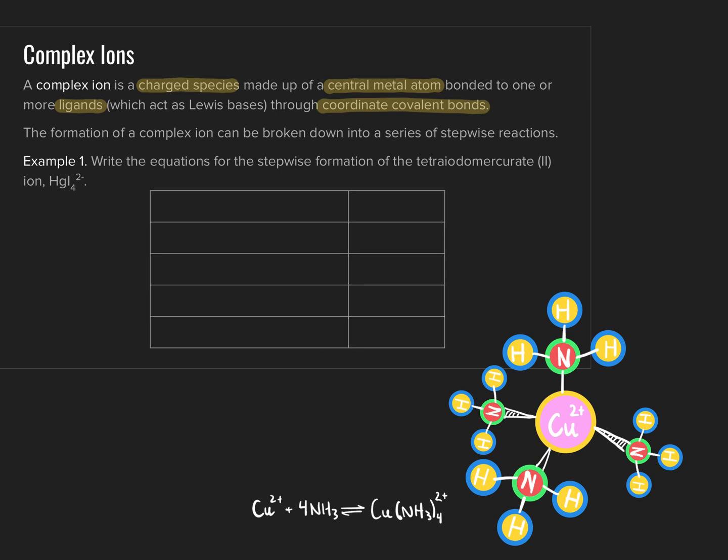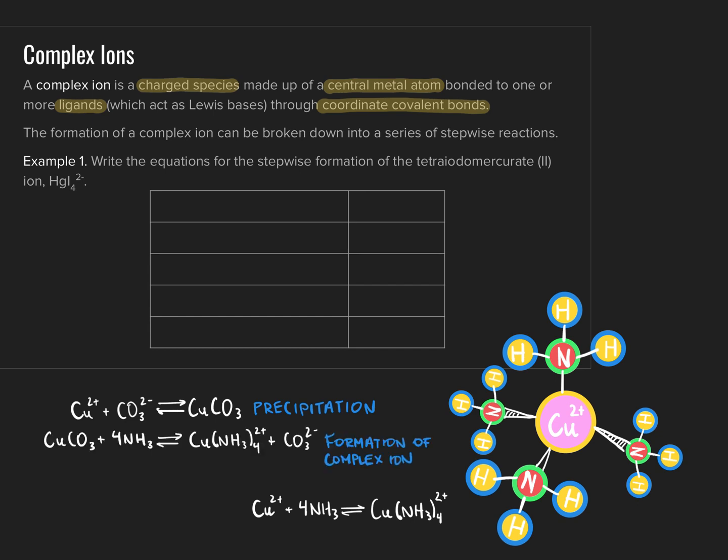So during that lab, we first precipitated out, say, copper-2 carbonate from solution, and then once we had formed that copper-2 carbonate precipitate, the addition of excess ammonia caused the formation of the tetraammine copper-2 complex ion, which itself is more soluble in solution, and as such, it then underwent dissociation from the carbonate ions and dissolved that precipitate into solution.